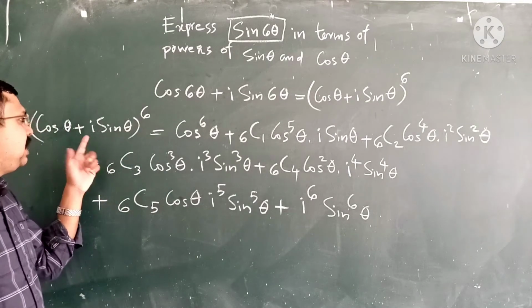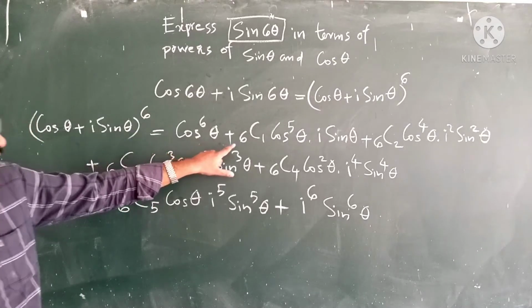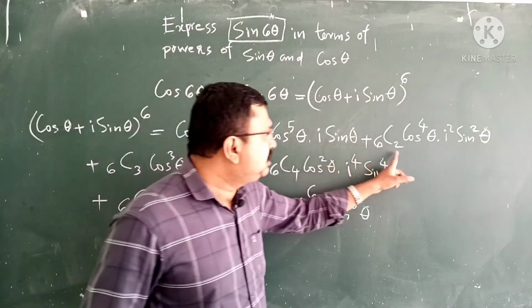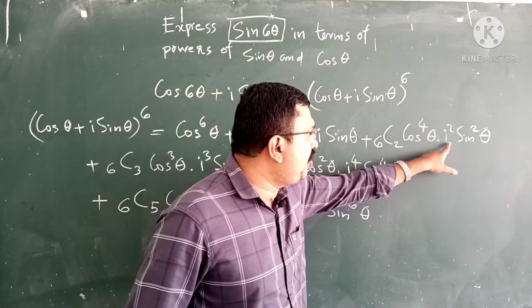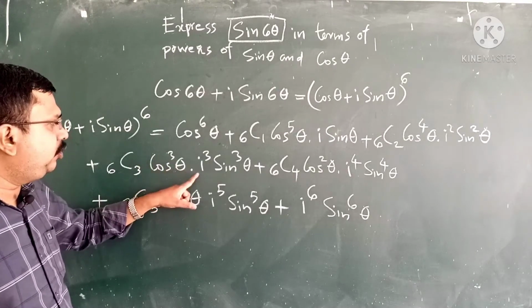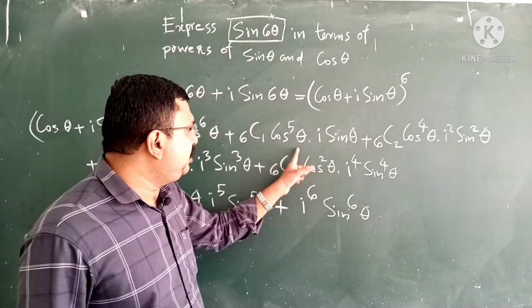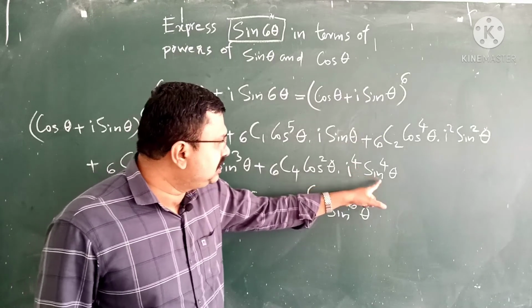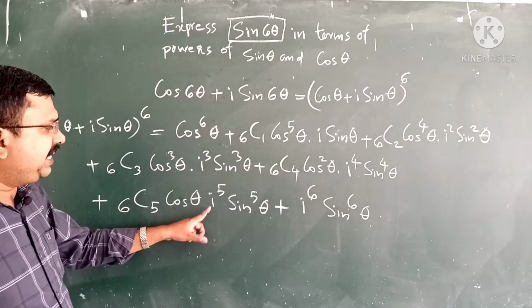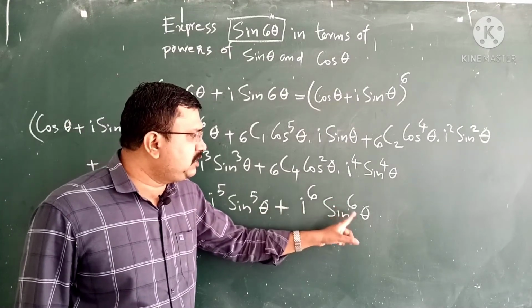So (cos theta plus i sin theta) the whole raised to 6 equals cos raised to 6 theta plus 6C1 cos raised to 5 theta into i sin theta plus 6C2 cos raised to 4 theta into i squared sin squared theta plus 6C3 cos cube theta into i cube sin cube theta plus 6C4 cos squared theta into i raised to 4 sin raised to 4 theta plus 6C5 cos theta into i raised to 5 sin raised to 5 theta plus i raised to 6 sin raised to 6 theta.